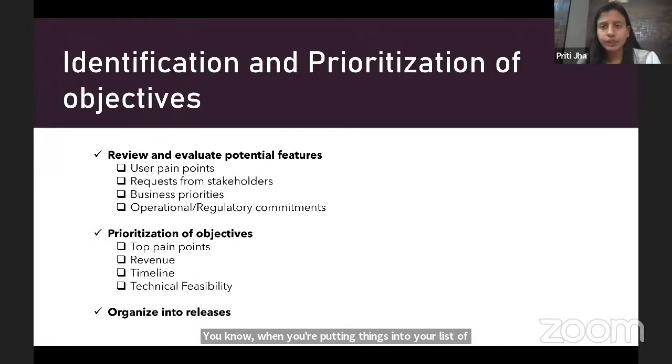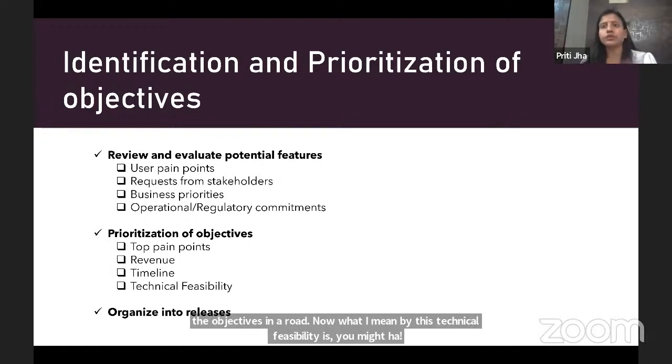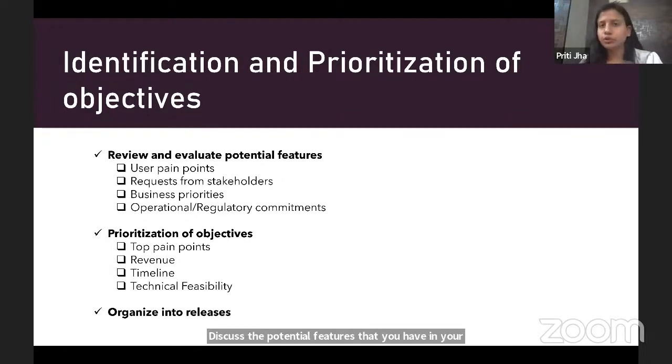What I mean by technical feasibility is you might discuss the potential features that you have in your mind with your engineering team, your software architects. And if they say that this is just not feasible at all, considering the systems that you have, considering the capacity that you have, then the feature is not going to see the light of day, and therefore you cannot put that into your roadmap.